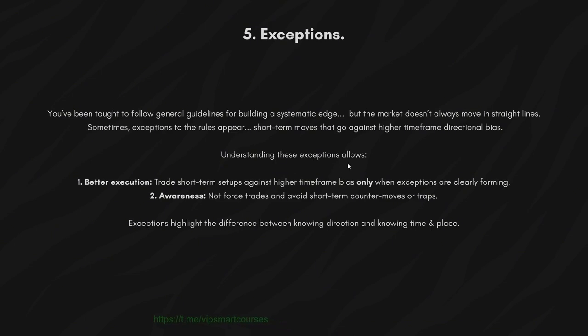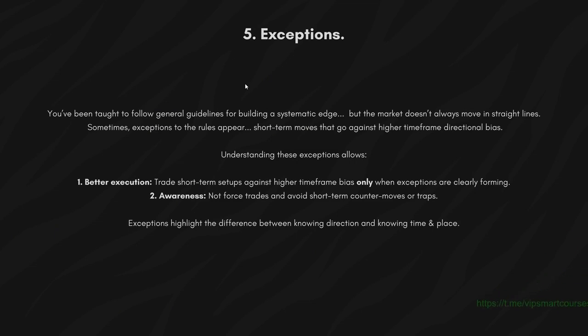Understanding these exceptions allows you, first of all, to have better execution, which means you can trade those short-term setups against the higher time frame bias only when you know these exceptions are clearly forming. The second thing is that it builds your awareness regarding these short-term moves, and because of this awareness, you'll stop forcing trades in market environments where these exceptions appear.